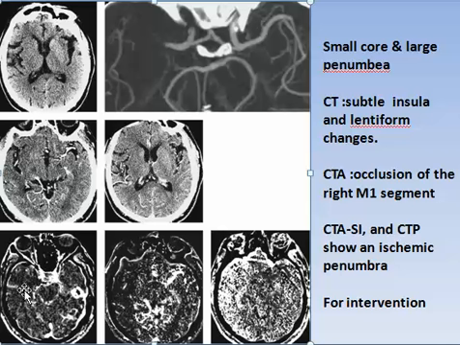You will find that in this one it is mainly at the distribution of the middle cerebral near to the sylvian, and here it's very extensive reaching posteriorly, and in the MTT this confirms the same. So we have small core and large penumbra. According to this criteria, you should do intervention.